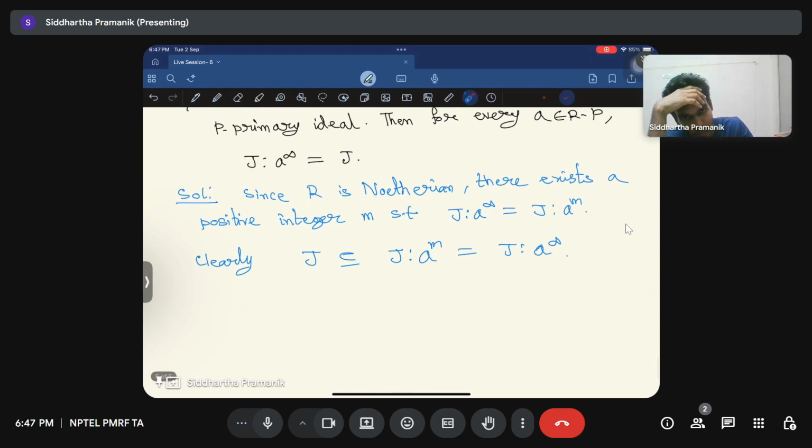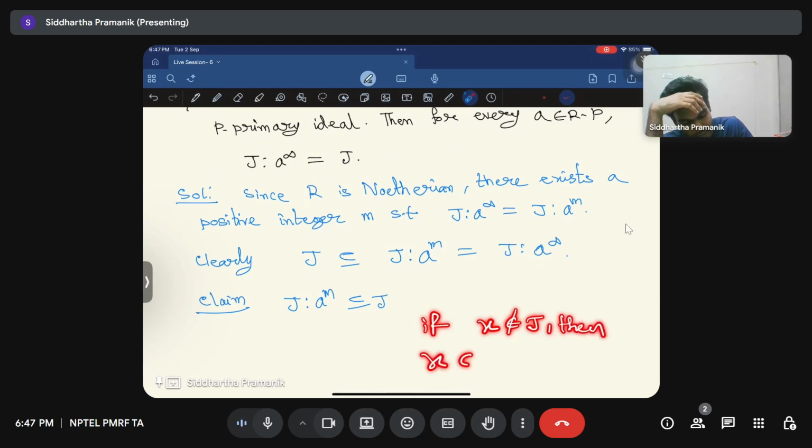We will use the contrapositive statement. So claim: we need to prove that J colon a power m is a subset of J. We will show that if x does not belong to J, then x cannot be in J colon a power m. This is the contrapositive statement to prove this inclusion.